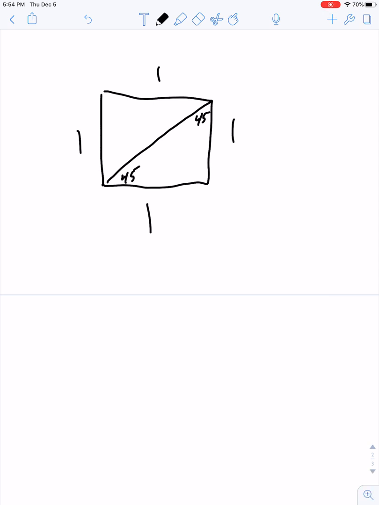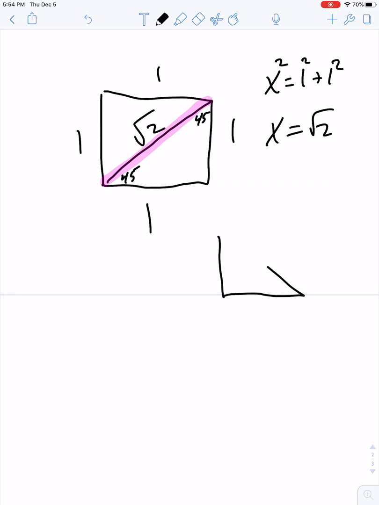I'm going to use the Pythagorean theorem to figure out this side here. x squared is equal to 1 squared plus 1 squared, so x is equal to the square root of 2. That is where your 45, 45, 90 triangle comes from, or in radians, pi over 4, pi over 4, and our 90 degrees is pi over 2.